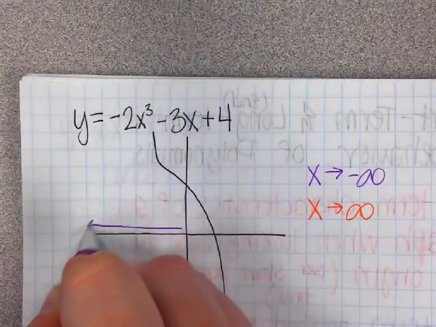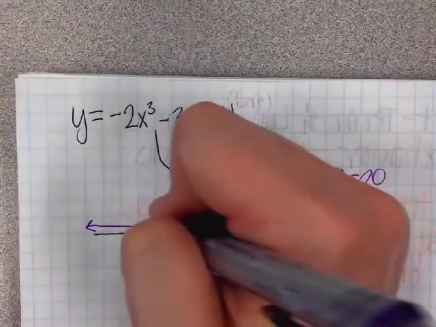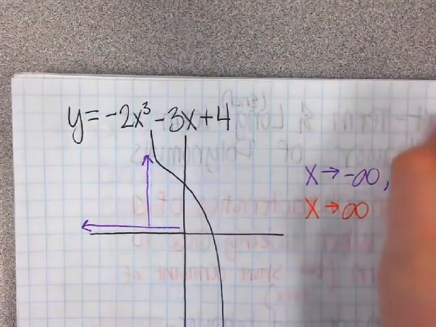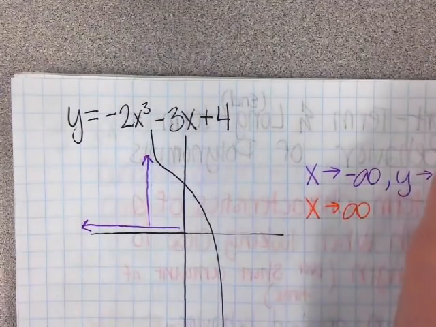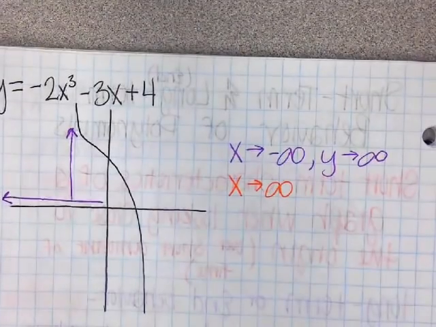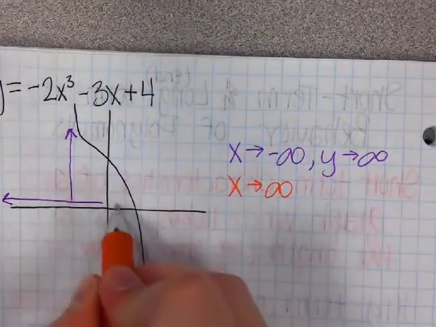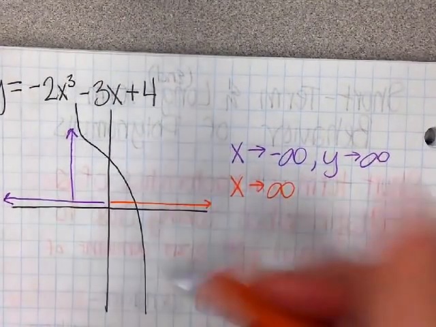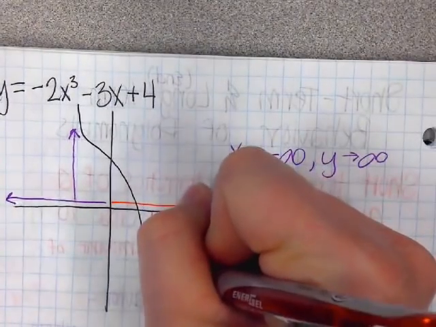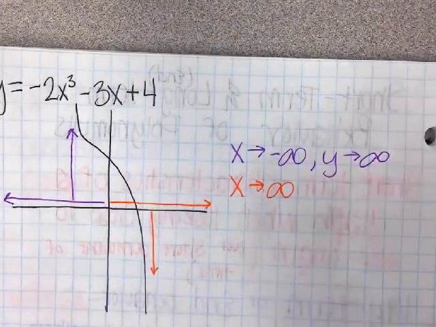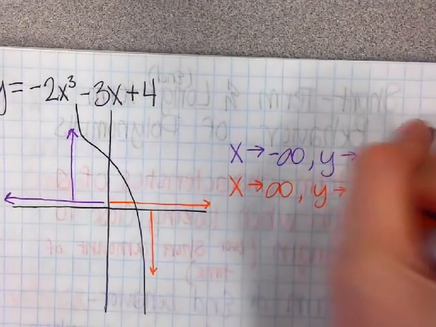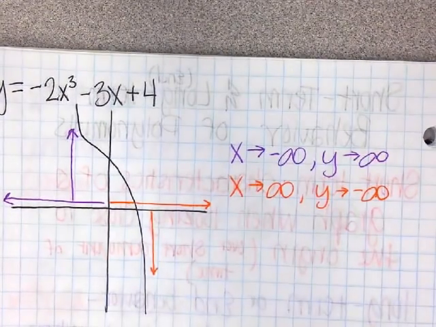As my x gets smaller and smaller this way, it's going up, so y approaches positive infinity. Now I'll look this direction as you move along the x-axis. The values are going down, so y approaches negative infinity.